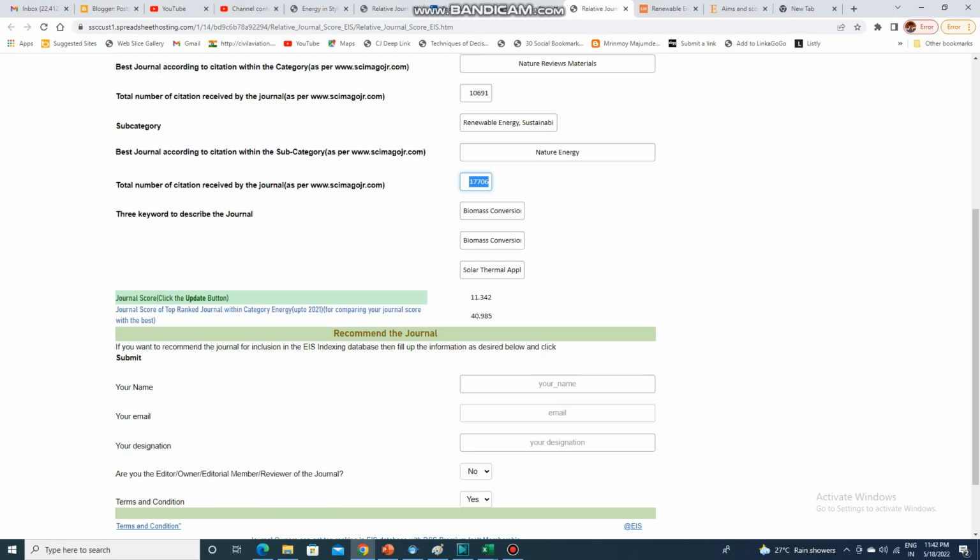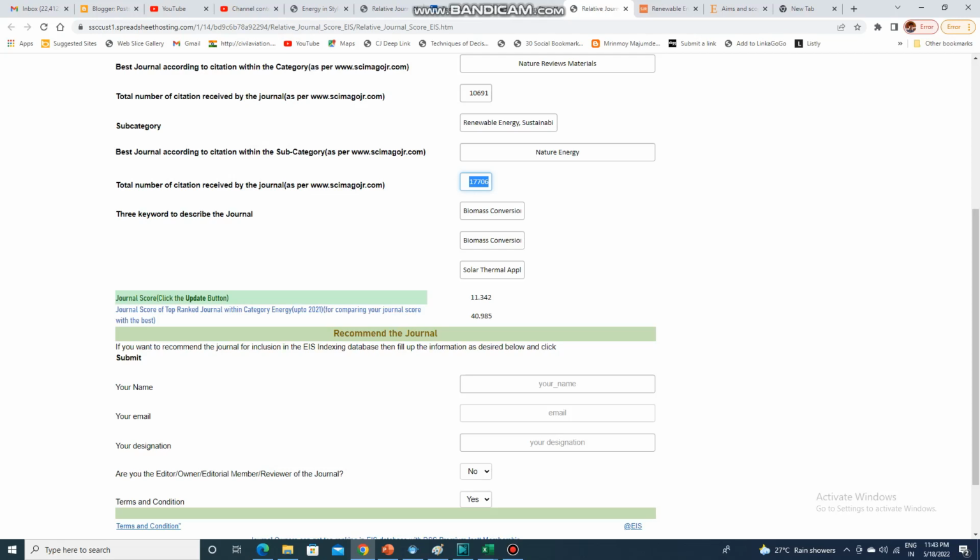the category of journals. So you can say that Nature Review Materials is more than 3 times better journal compared to Renewable Energy.